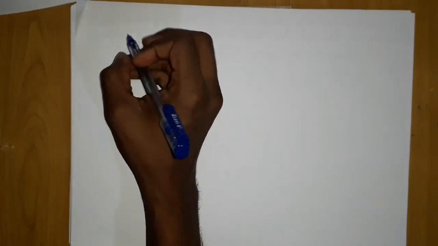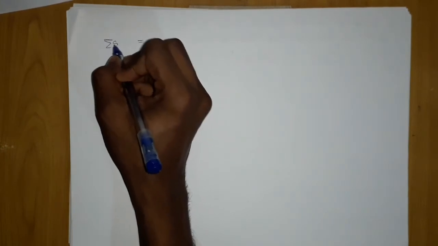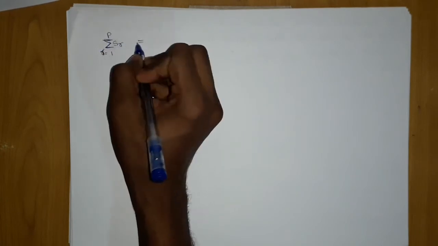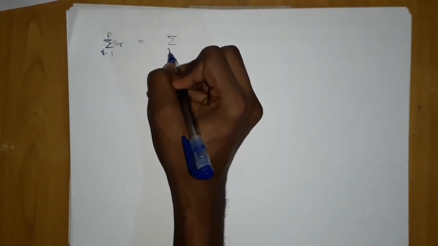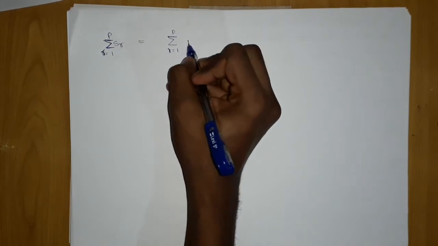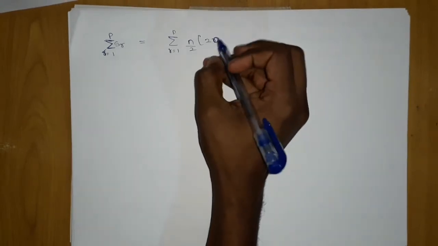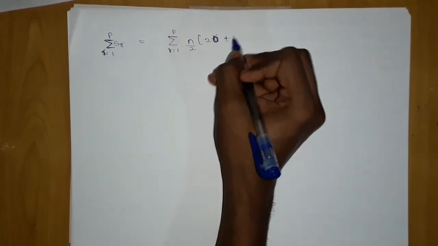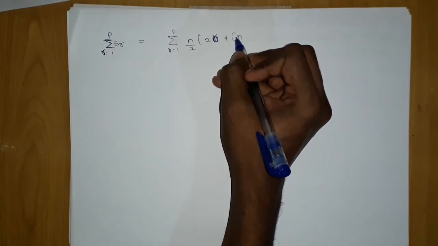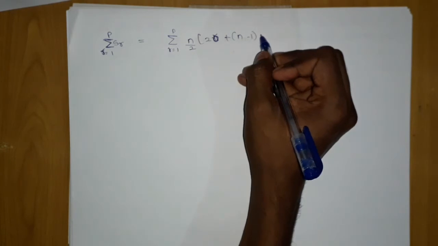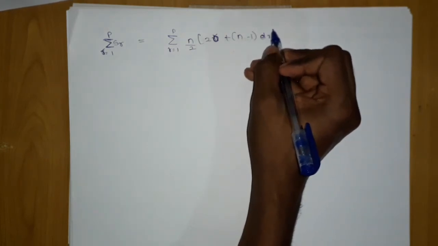Now let's take the next page. So what we can write, SR, from r equals 1 to p, which will be summation r equals 1 to p of n by 2 bracket 2r plus n minus 1 into dr, there will be difference for this thing.